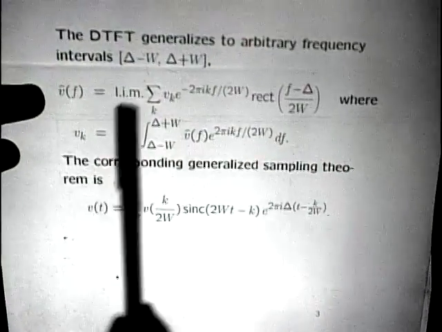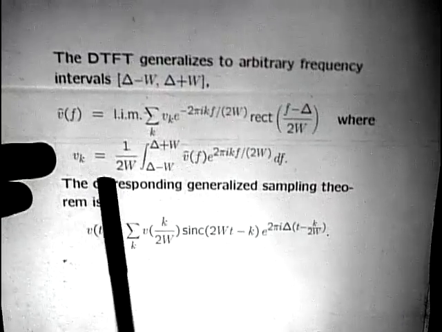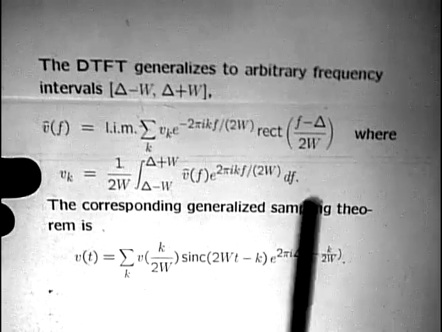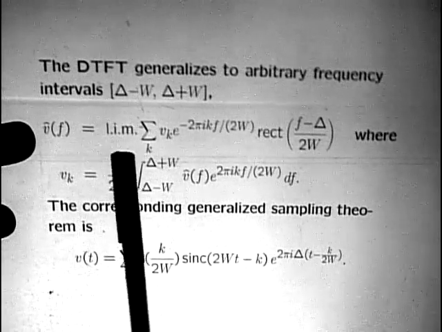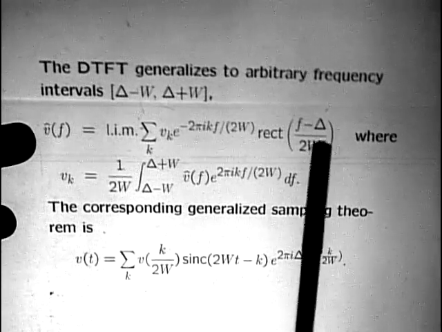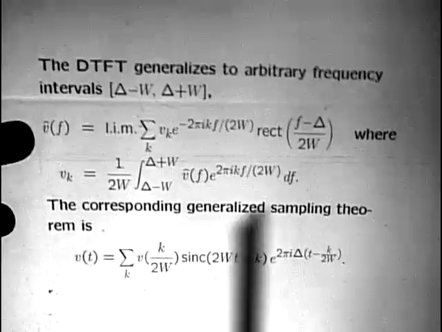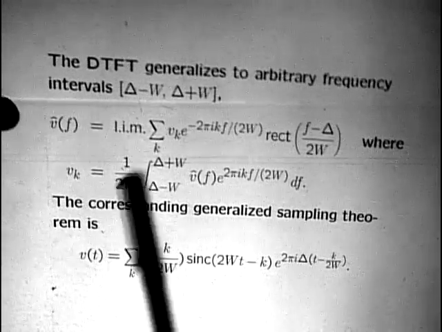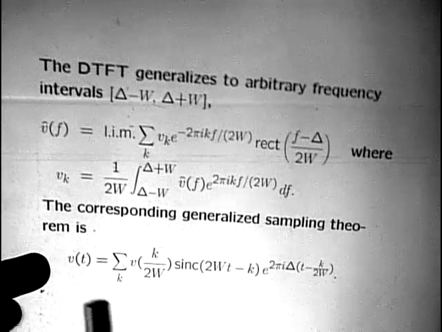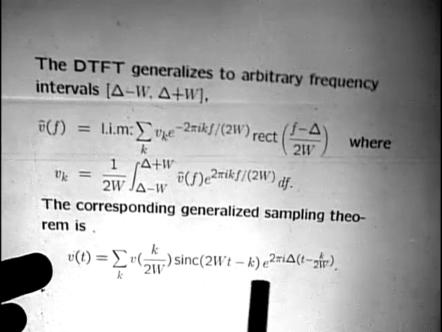So the DTFT in generalized form is now this. And v sub k is now the integral from delta minus W to delta plus W of the same old thing as before. And this is equal to this, which is the same old thing as before, except we now have this shifted frequency in the rectangular function. Okay, so if we take the inverse Fourier transform of this, again using the same duality we had before, we get v of t is equal to this sum times the sinc function.